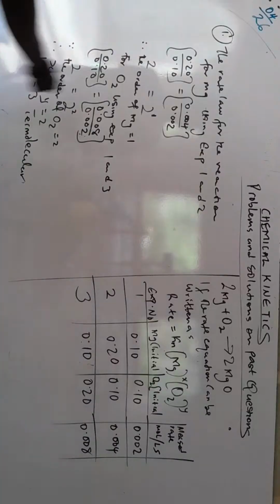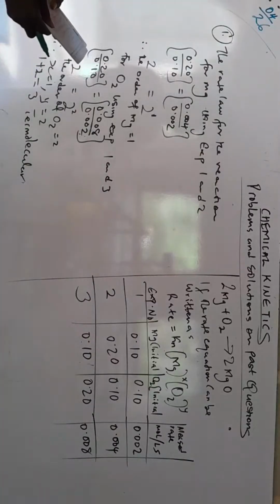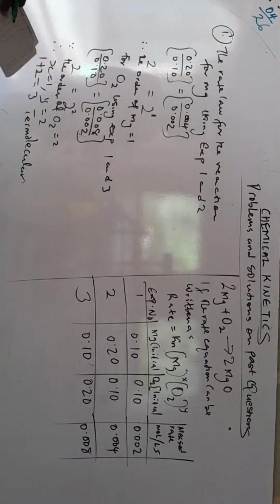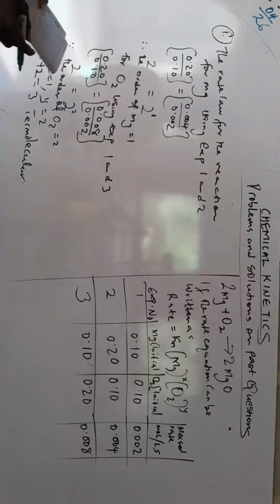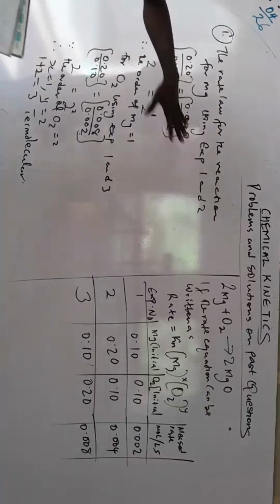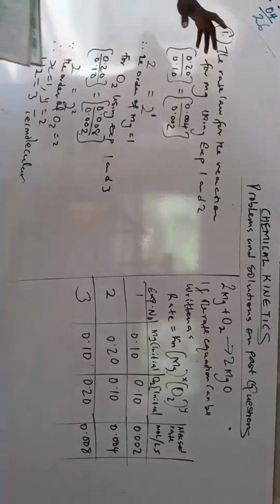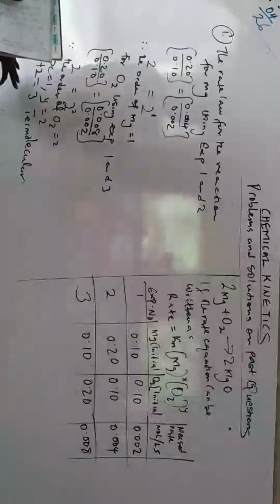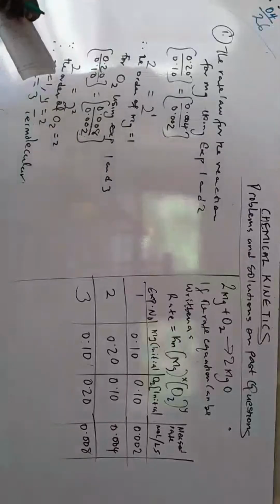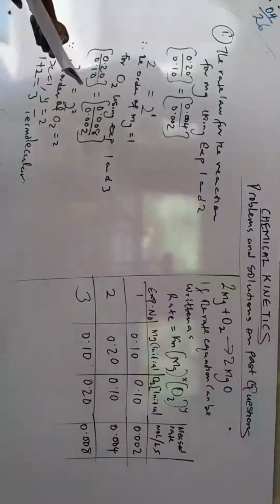And if you now want to write the rate law for this one right now, what we have to do is we need to calculate what we call the Kn. But they said the rate law for the reaction is what? So the rate law for the reaction is everything. The total order is 3, which is termolecular in nature.